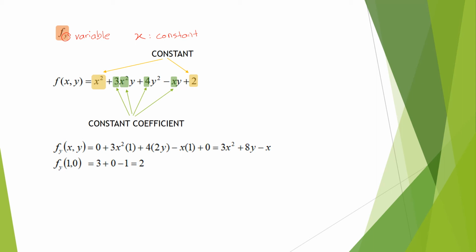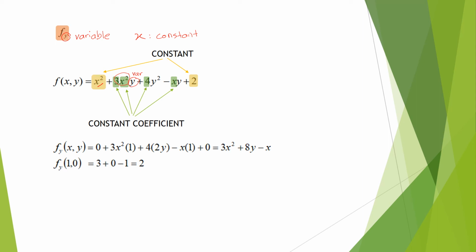For example here, x is a constant, so constant squared is also a constant. 3 is the coefficient because we have a variable here, variable y. So this 2 is the coefficient.